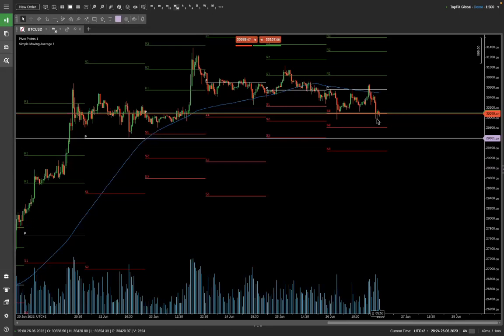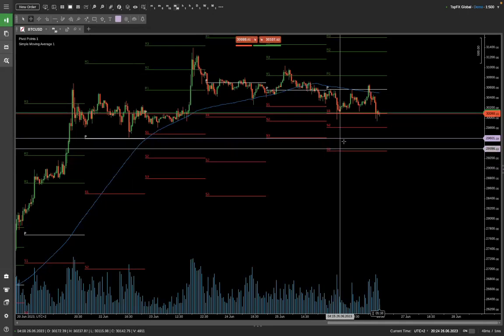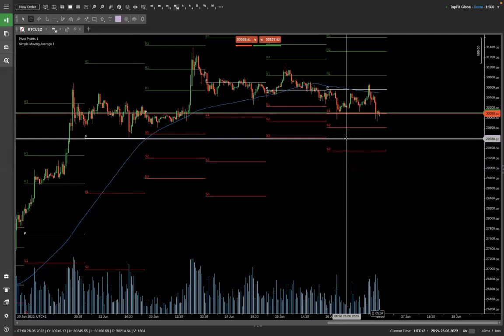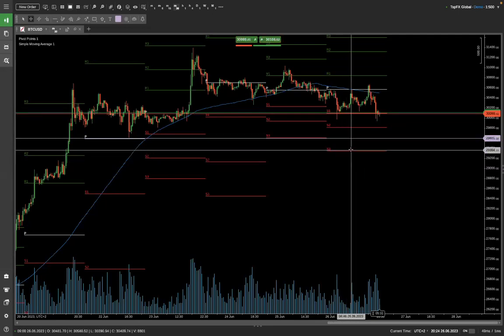So for all of the bears, for all traders who are in a negative sentiment towards Bitcoin, this level here might be used as a target for shorts when this technical support is violated. Because S3 is the next level of potential support based on the pivot points calculations.